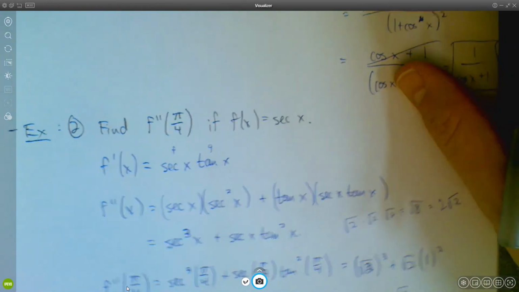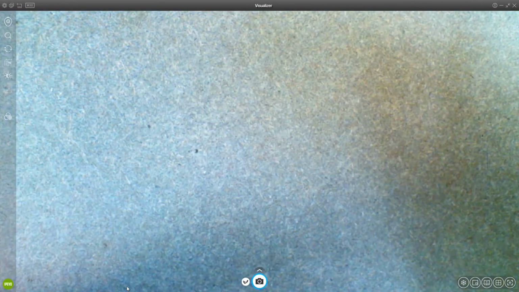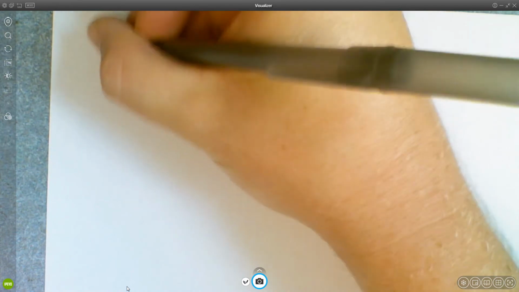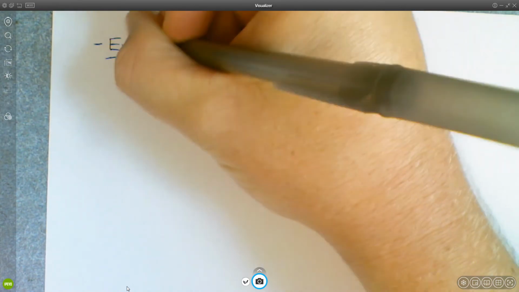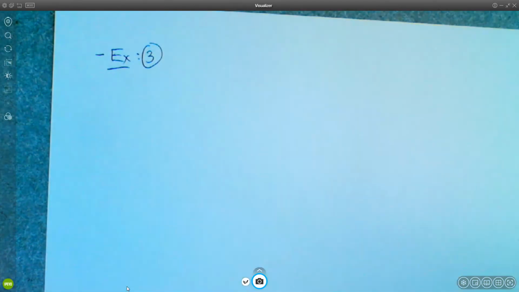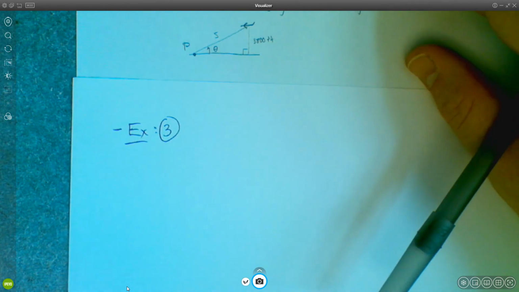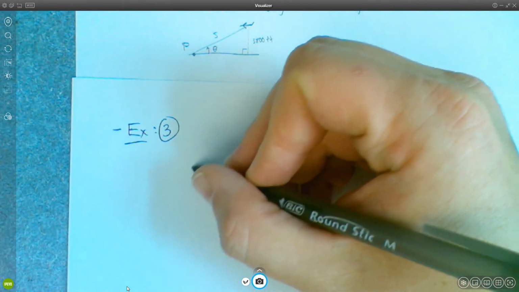Let me grab a fresh sheet of paper. Okay, so I'm going to take this picture down here, and I'm going to draw the right triangle. That's really the important part, right?